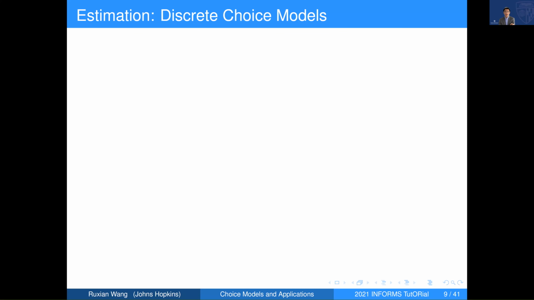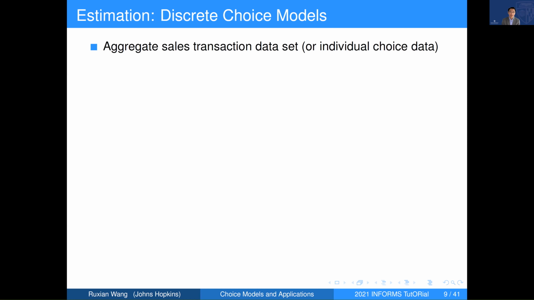We have the MNL model, and when we talk about application, when we talk about data, how can we use the data to estimate this discrete choice model, how to calibrate the model parameters? Let's briefly talk about the basic stuff, the data structure. The data is aggregated data. It can be individual choice data. And we have K choice scenarios or K selling periods.